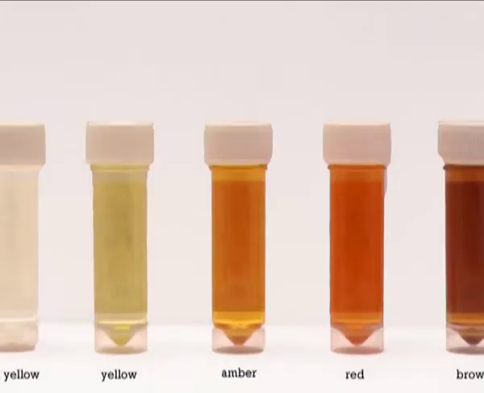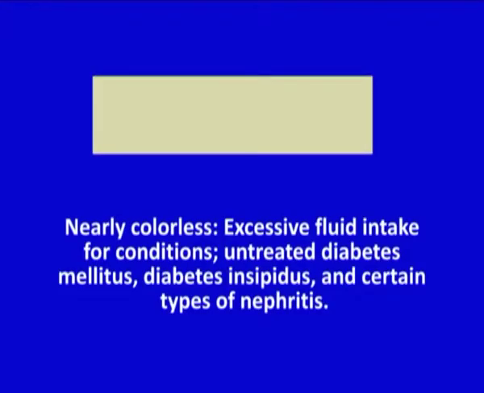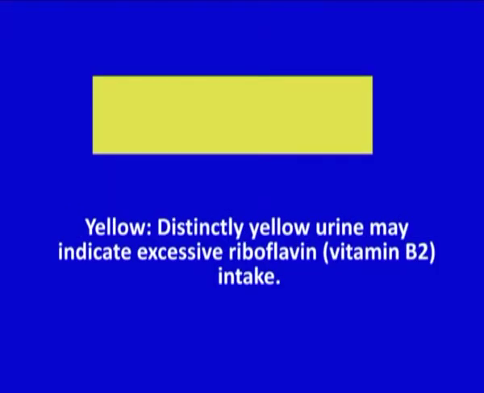Now, color. The following are examples of color change causes and not a complete listing. Nearly colorless: excessive fluid intake, or conditions such as untreated diabetes mellitus, diabetes insipidus, and certain types of nephritis. Yellow: distinctly yellow urine may indicate excessive riboflavin, vitamin B2, intake.